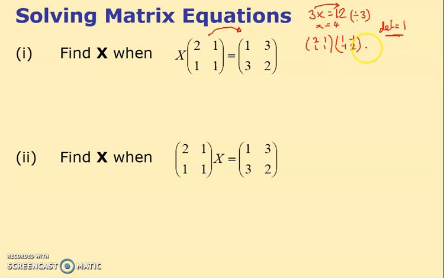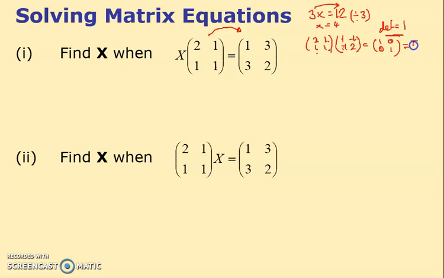If I multiply these out, what I've hinted at in the past is that it gives you an interesting number. 2 times 1 is 2, 1 times minus 1 is minus 1, so when I add those together I get 1. 2 times minus 1 is minus 2, 1 times 2 is 2, I get 0. 1 times 1 is 1, 1 times minus 1 is minus 1, that will be 0 as well. 1 times minus 1 is minus 1, plus 1 times 2 is 2, so I get 1.